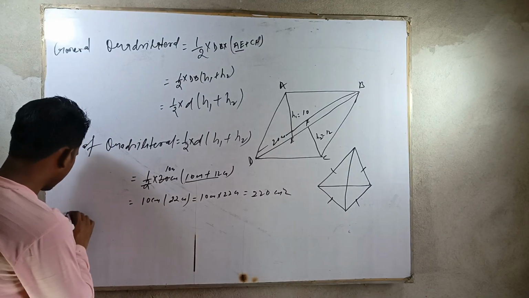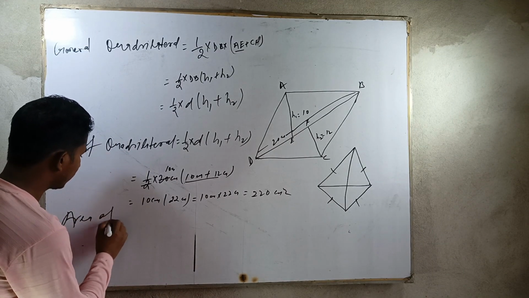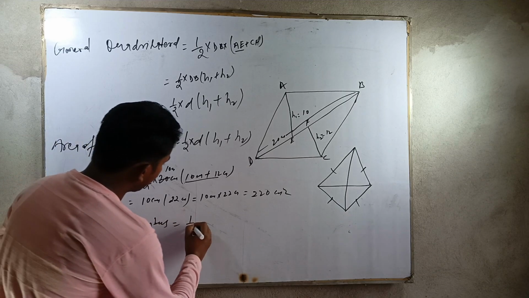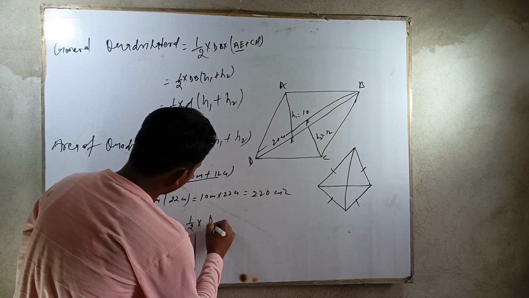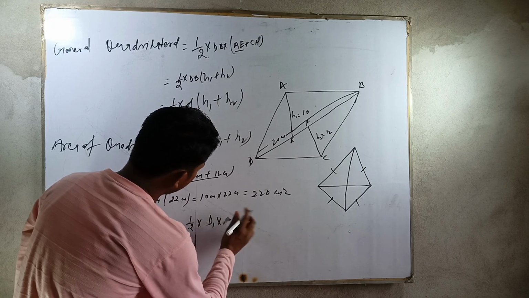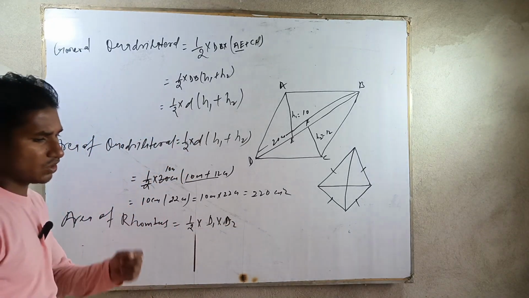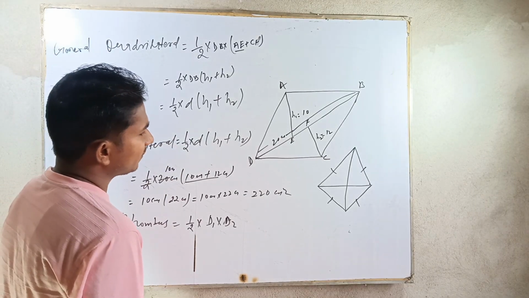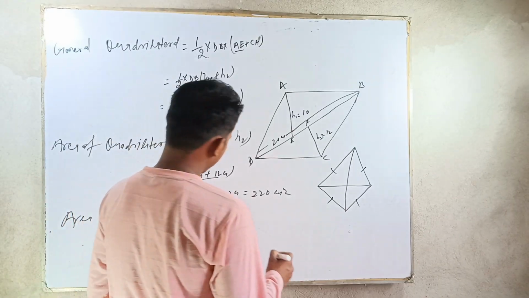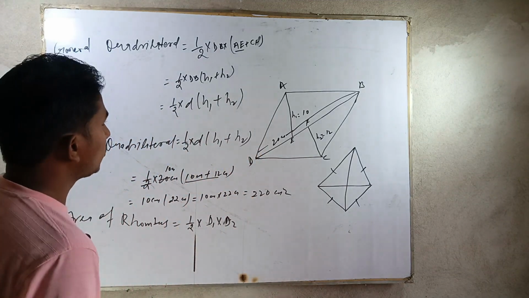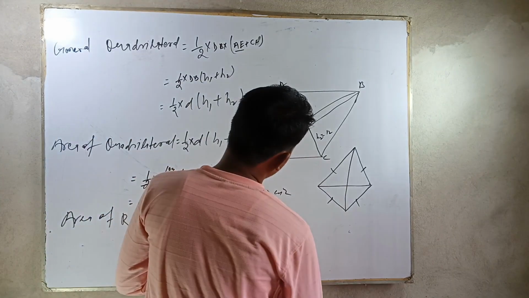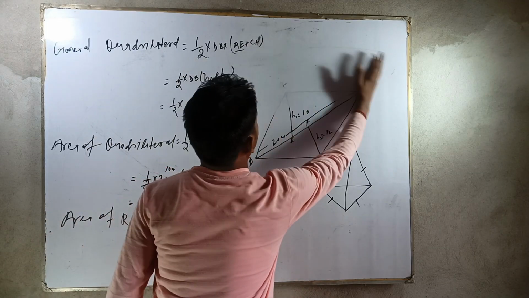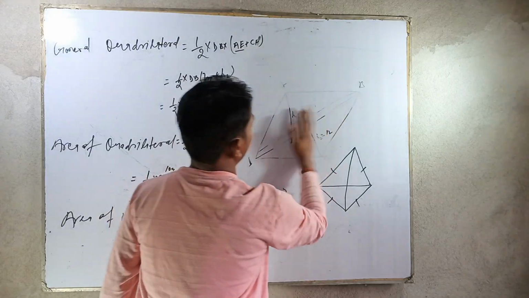Then area of rhombus equals 1 by 2 into d1 into d2. If diagonal 1 and diagonal 2 are multiplied, its area comes out.